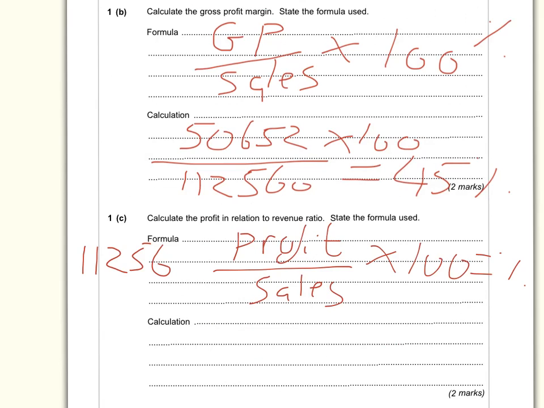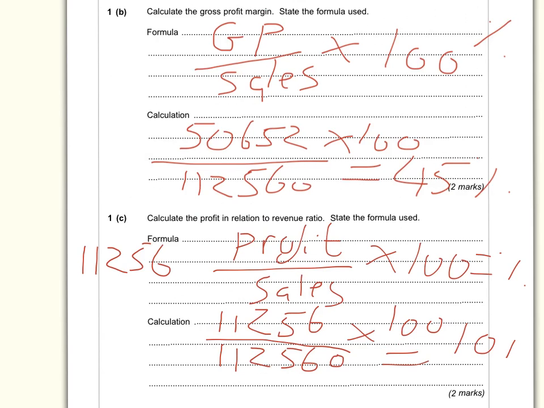So we worked out the profit for the year previously, which was 11,256, which we then divide by the sales figure again, which is 112,560. We multiply that by 100, so the profit in relation to revenue ratio for the business is 10%.